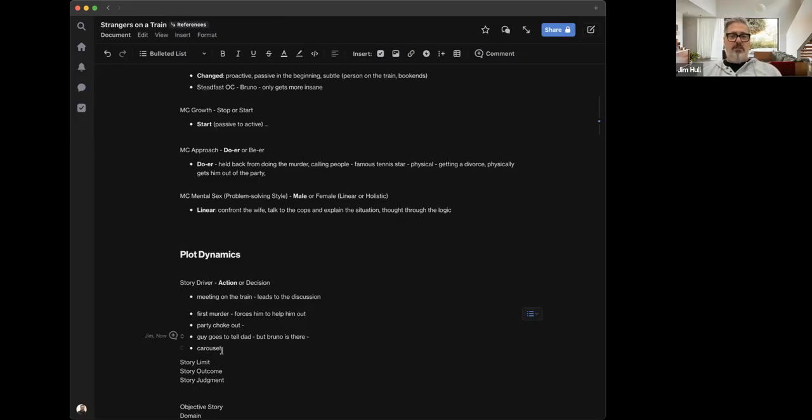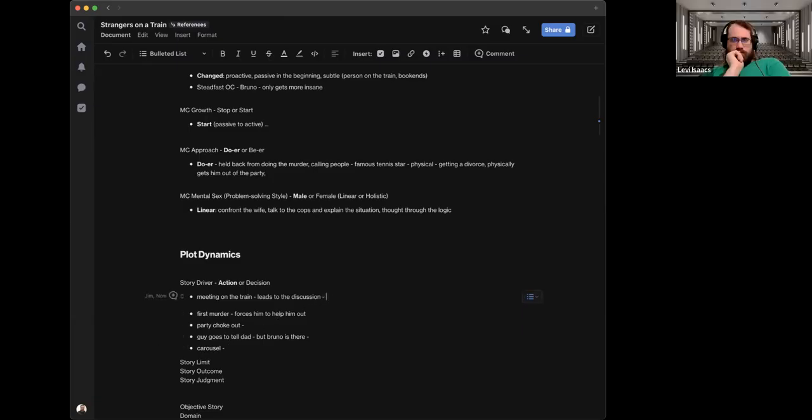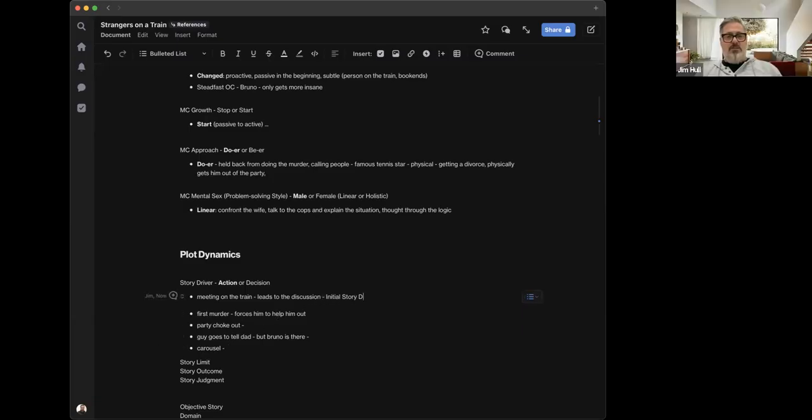Am I right about that? I think I'm right. This would be the first one, right? Initial story driver. This is the second one. This is the midpoint. This is the fourth. And then the carousel apprehension is the last one. Does that sound right? Something like that.